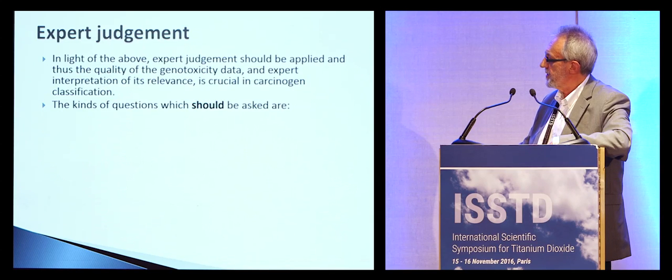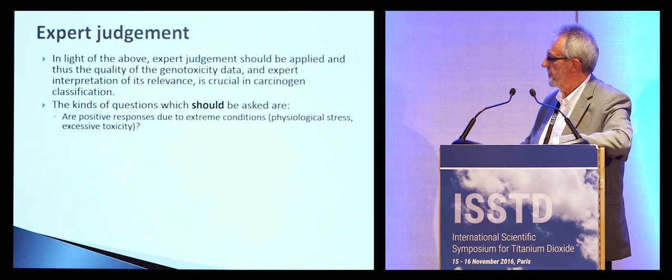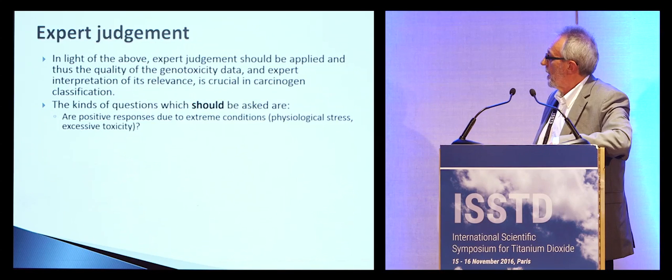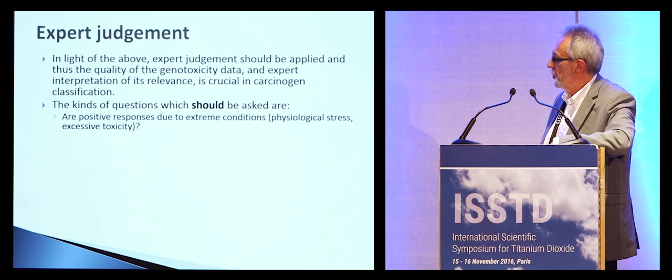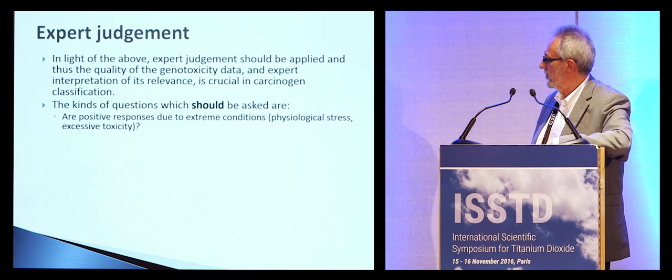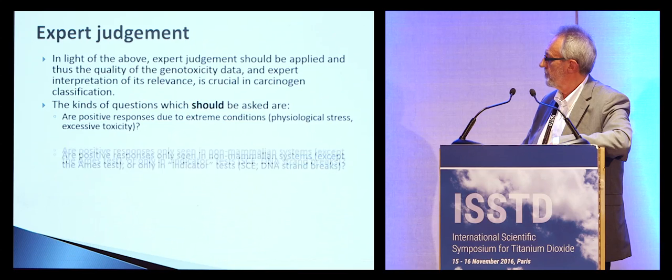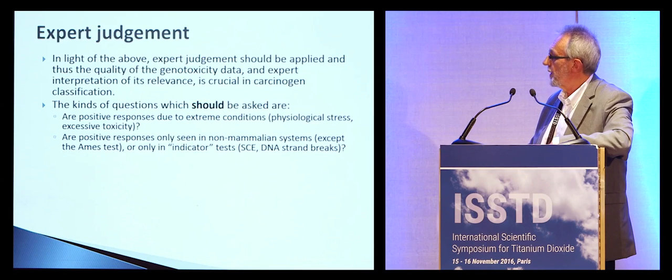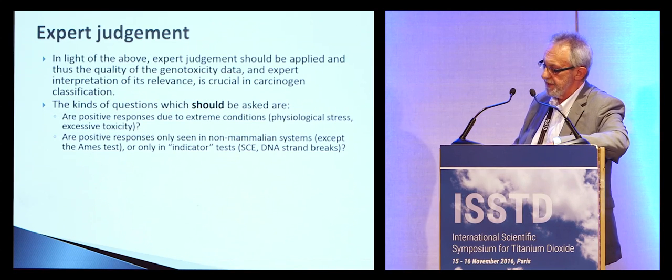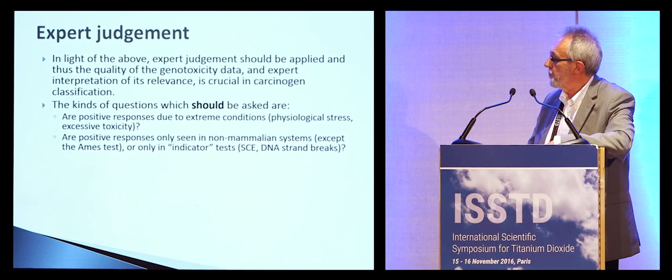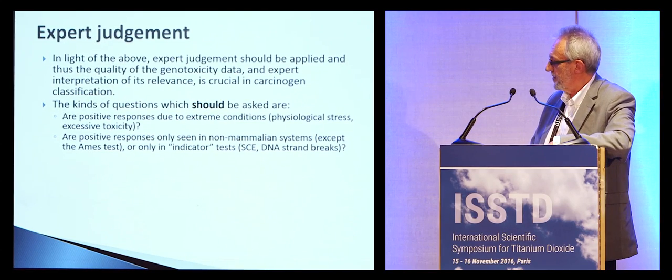So expert judgment, weight of evidence, these are the kinds of questions that I believe should be asked. Are any positive responses due to extreme conditions, such as physiological stress, excessive toxicity? Are positive responses only seen in non-mammalian systems, except for the Ames test? We accept that the Ames test is a very robust indicator of carcinogenicity. But in non-mammalian systems, insects, plants, fish, etc., or are the positive responses only seen in indicator tests, which are reversible or where we don't understand the biological relevance?